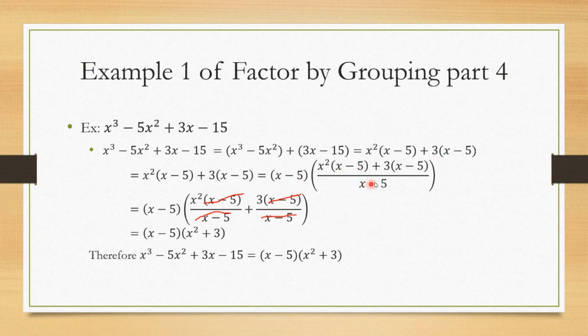We have to divide, and of course, we divide into each term in the sum, as you can see. Then there's cancellation, and we get this. So this is what we end up with. So this has been factored to give us this.